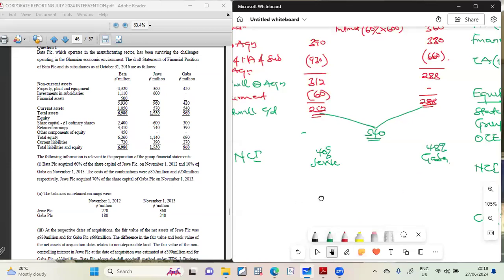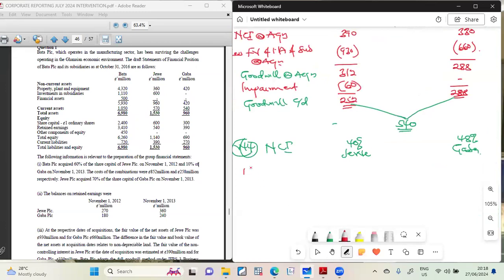We start with NCI at acquisition, the fair value of NCI at acquisition, and it is in our workings 3 already. So it's 390 and 330. You pick that one and drop it. Then the next thing is the NCI share of post-acquisition, because this is a full goodwill method.